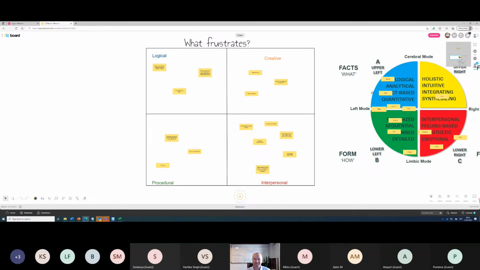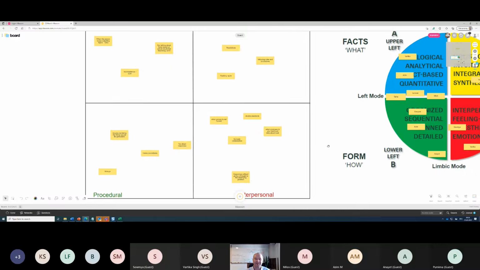Okay, let's take a look. Let's start in the interpersonal area. And again, these are preferences. There's no right or wrong. So let's look at the kind of things that frustrate people with interpersonal preferences. When a person's not honest, absolutely.